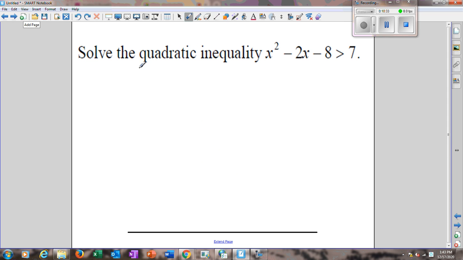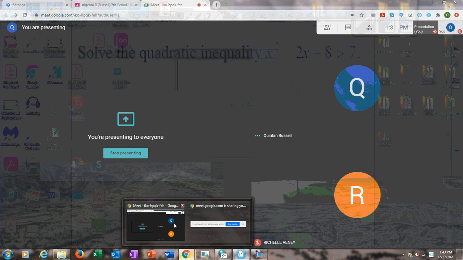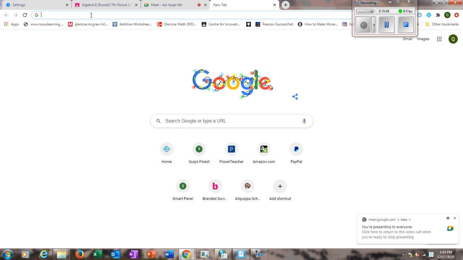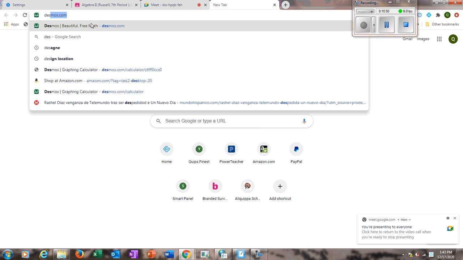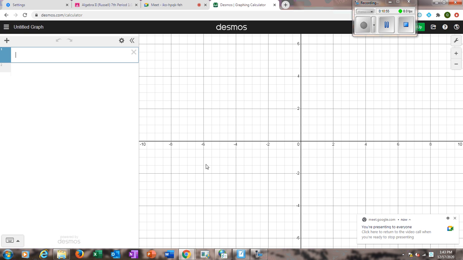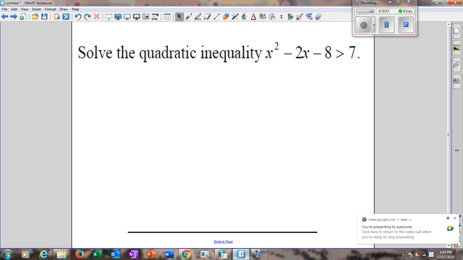Okay, solve the quadratic inequality, x squared minus 2x minus 8 greater than 7. So there's a couple different ways we could do this. First one was to use Desmos. And it's x squared minus 2x minus 8.